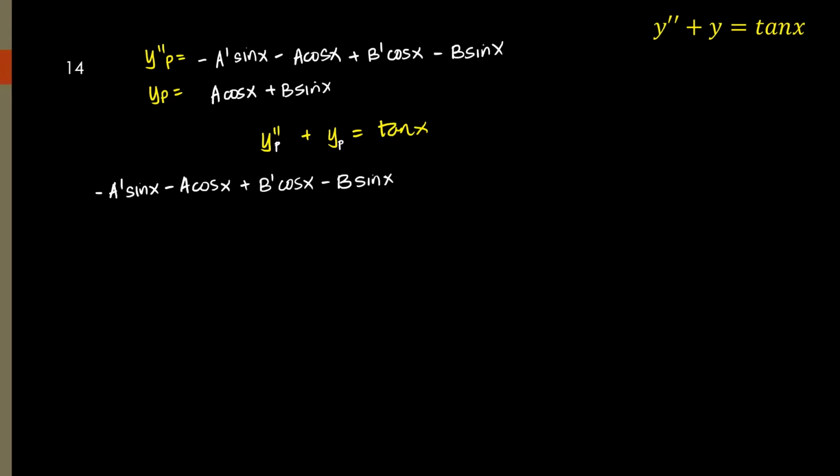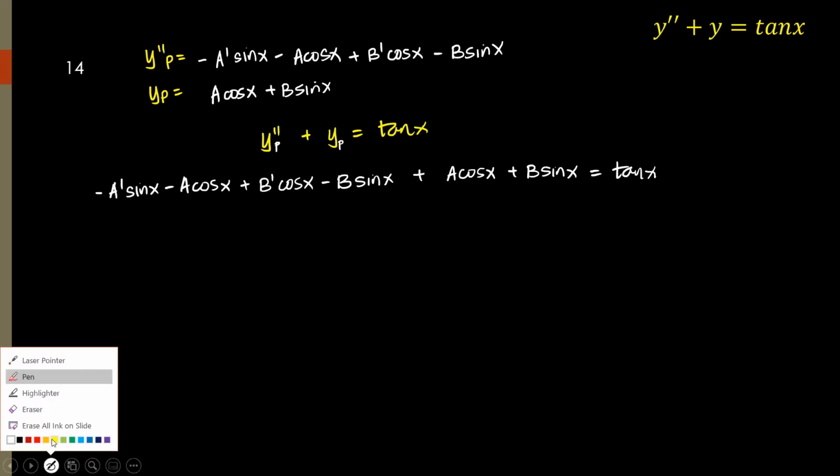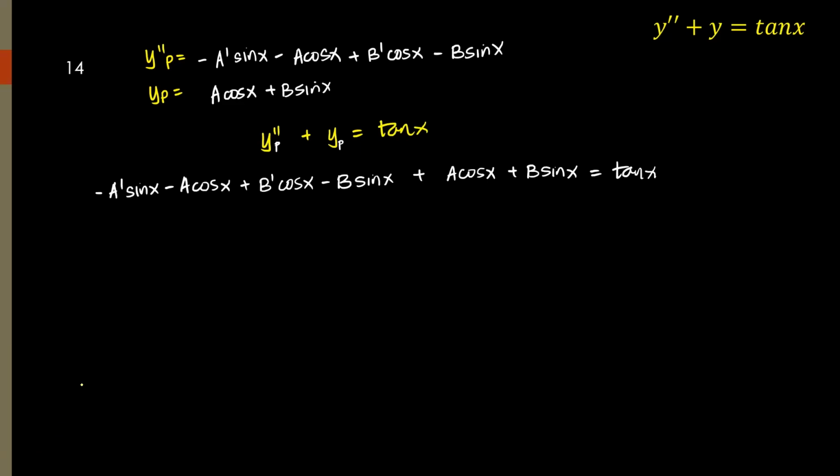The whole thing is y double prime of p plus y of p, which is a cosine of x plus b sine of x, equal to tangent of x. So now let's simplify what we can and cancel what we can cancel. Negative a cosine of x and a cosine of x cancel out.